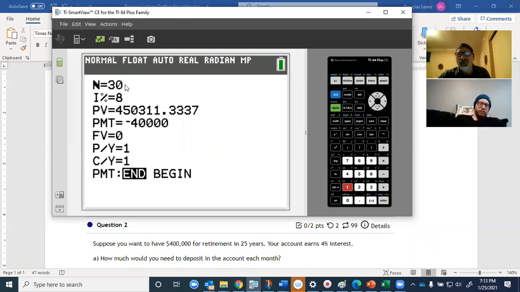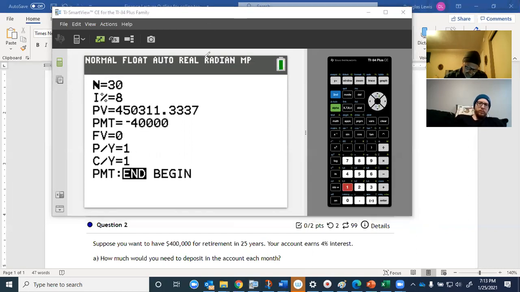All we do is plug the numbers into this. And you have to understand what each of these stands for. Now, N, I'm going to go ahead and write on here, and you may want to write this down. It's not 30 in this case. N is equal to the number of times you're going to compound. It's 1 times 15. It's the K times T. It's the number of deposits.